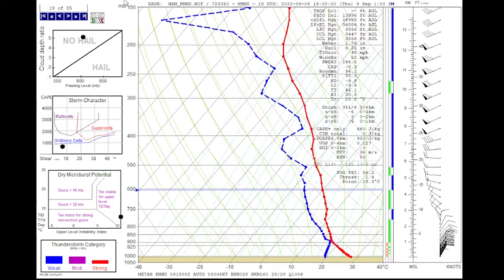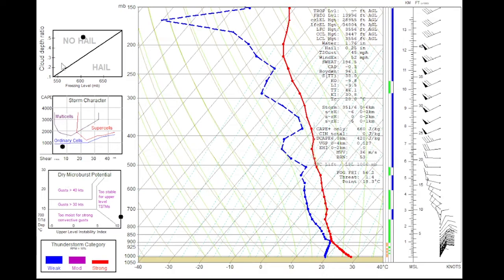Now, in our analysis, we have clouds in here. So now we can see the different cloud layers that we can have, pretty much all the way up to 500 millibars, which is just over 18,000 feet. So it's probably about 18,000 because it's just below the 500 millibar level.